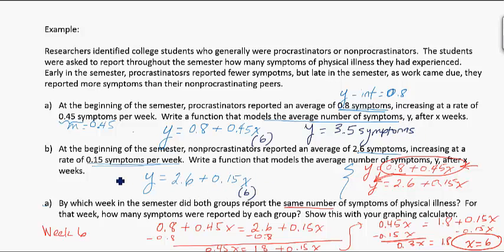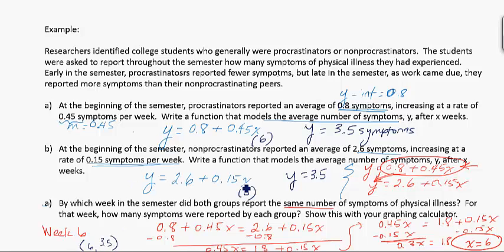And if I calculate here for B, hopefully we're going to get the same thing, 2.6 plus 0.15 times 6 is also 3.5. So by setting these equal and solving for x, we get the ordered pair (6, 3.5). In week 6, both groups will report the same number of symptoms of physical illness, and it will be 3.5 symptoms.